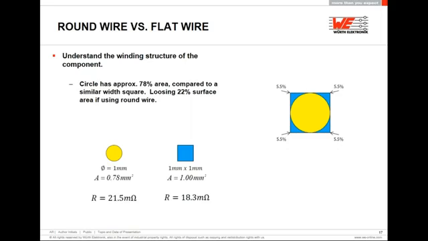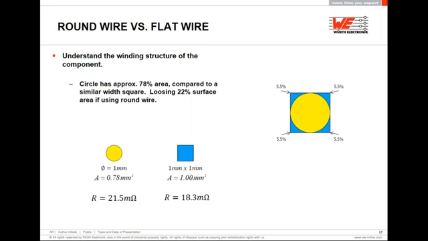Due to these geometrical properties, the circle has approximately 78% area compared to a similar width square, meaning that the circle loses about 22% surface area. This is shown on the right figure when we overlap both shapes. Each square corner has around 5.5% more area.